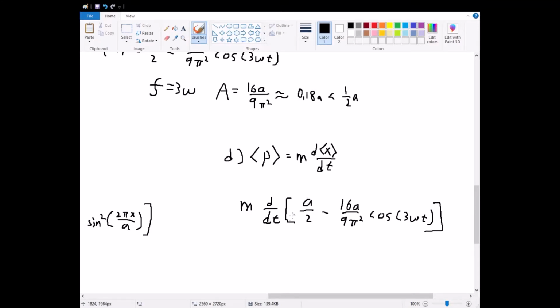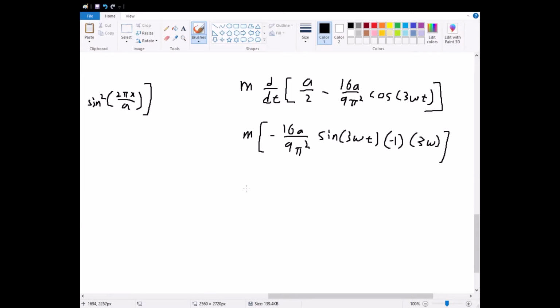The a over half just goes to 0, so this is equal to m times, let's see, negative 16 times a over 9 pi squared remains as such, and then we have sine of 3 omega t. We have to bring out a minus 1 because we're deriving cosine, and then finally we bring out the 3 omega.